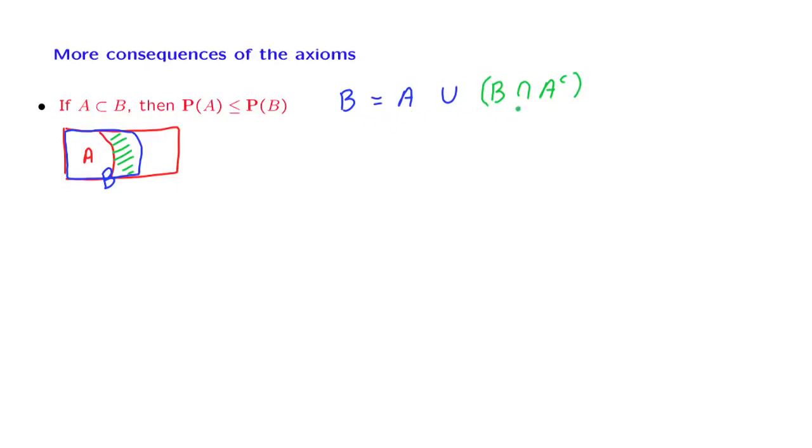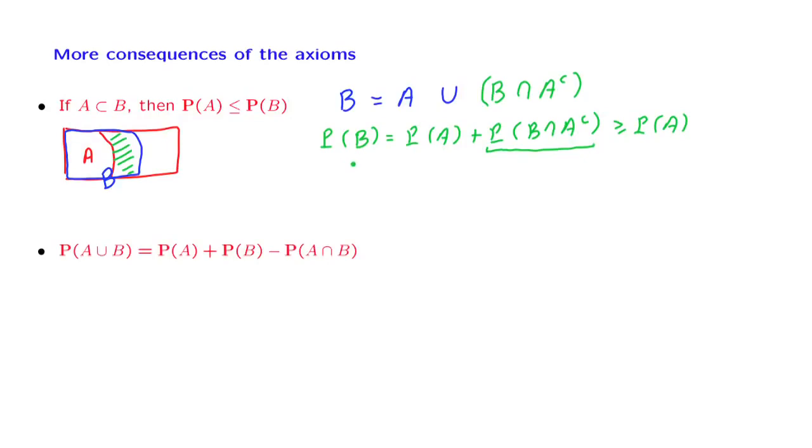Now this piece is A, this piece here is outside A. So these two pieces are disjoint, and so we can apply the additivity axiom and write that the probability of B is equal to the probability of A plus the probability of the other set. And since probabilities are non-negative, this expression here is at least as large as the probability of A, and this concludes the proof of the property that we wanted to show. Indeed, the probability of A is less than or equal to the probability of B.